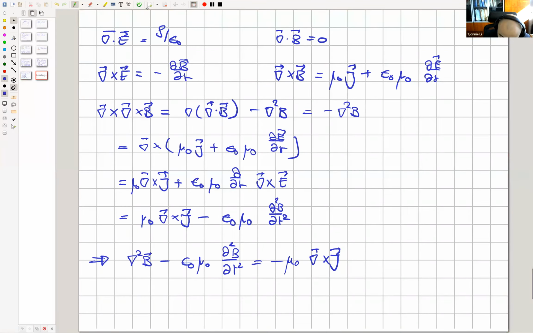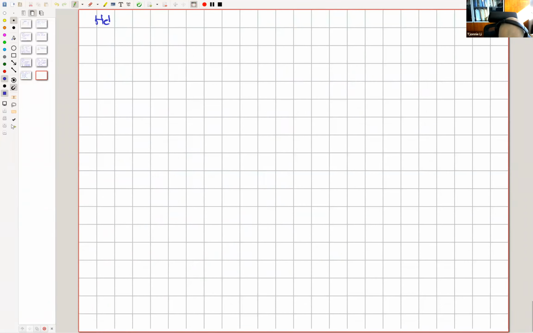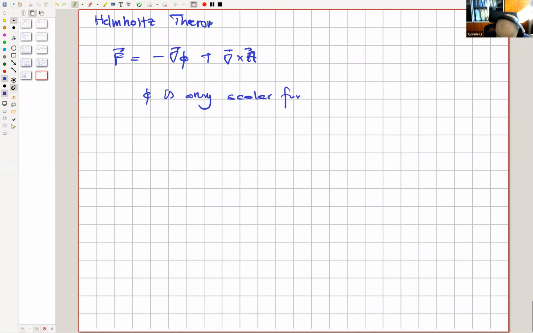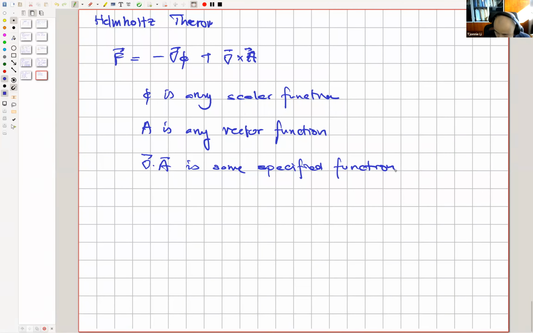So let me refresh your memory by recalling Helmholtz theorem, which basically says that any vector field can be written as the negative gradient of some phi plus the curl of A. In this case, phi is any scalar function, and A is any vector function, and the divergence of A is some specified function. Okay, so this is Helmholtz theorem.